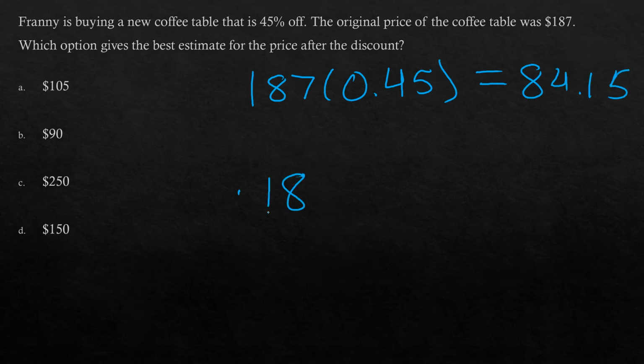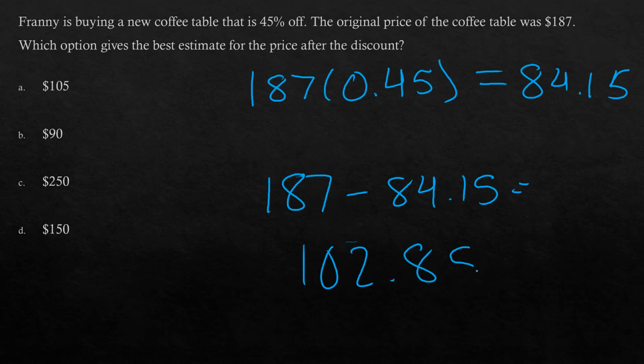So I'm going to take that 187 and subtract $84.15 from it. And when I do 187 in my calculator minus 84.15, I get $102.85, which means the closest would be $105. So she'd spend around $105.